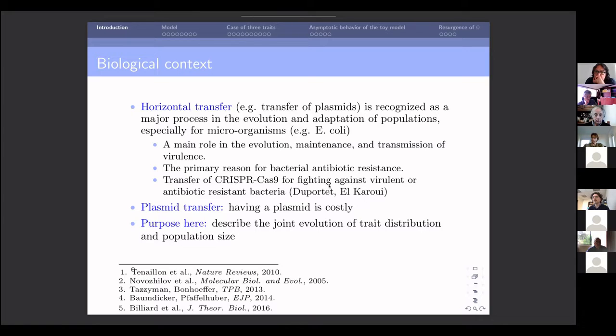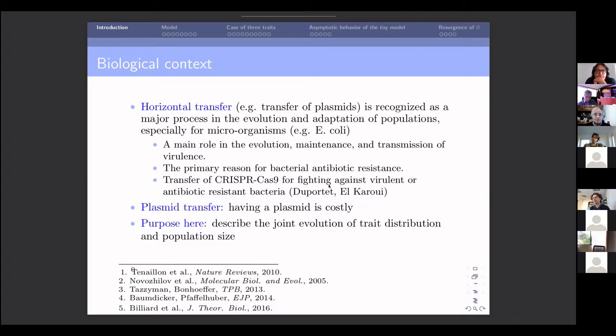My goal in this talk is to describe the joint evolution in a population of the distribution of some evolutionary traits and population size, so with birth and death. What I have in mind is to model some sort of trade-off in the plasmid dynamics.